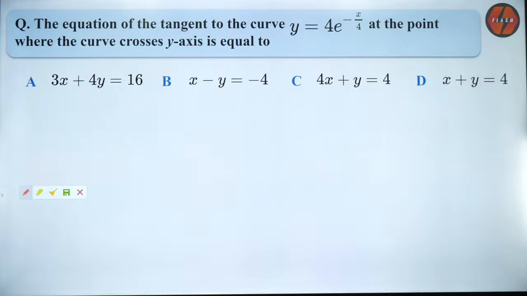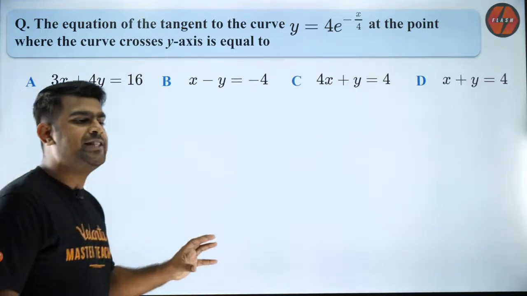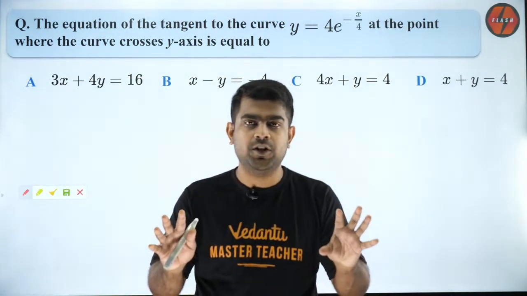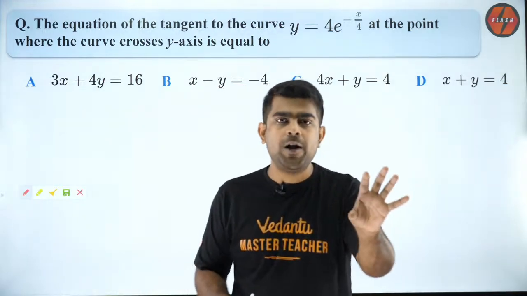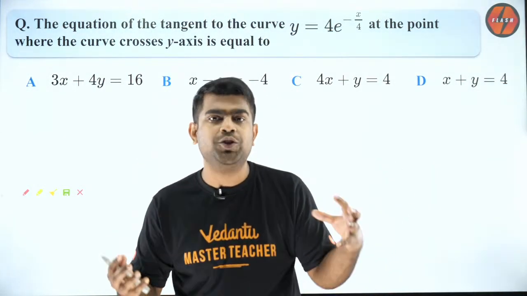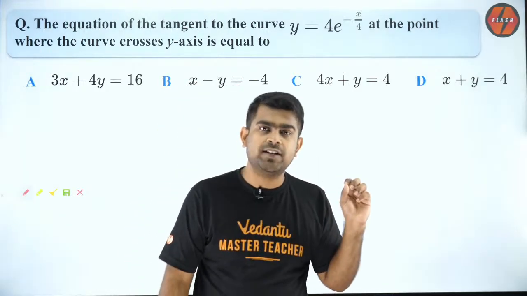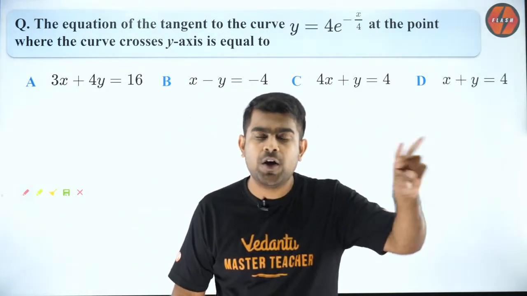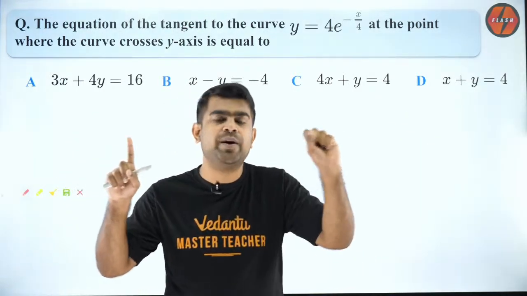Think about it. So yesterday I taught you guys how to find the equation of a tangent. So tangent, as you all know, is a straight line. And whenever you want to find the equation of a straight line, you need two conditions. What are they? You need to either have 2 points or you need to have a slope and a point.